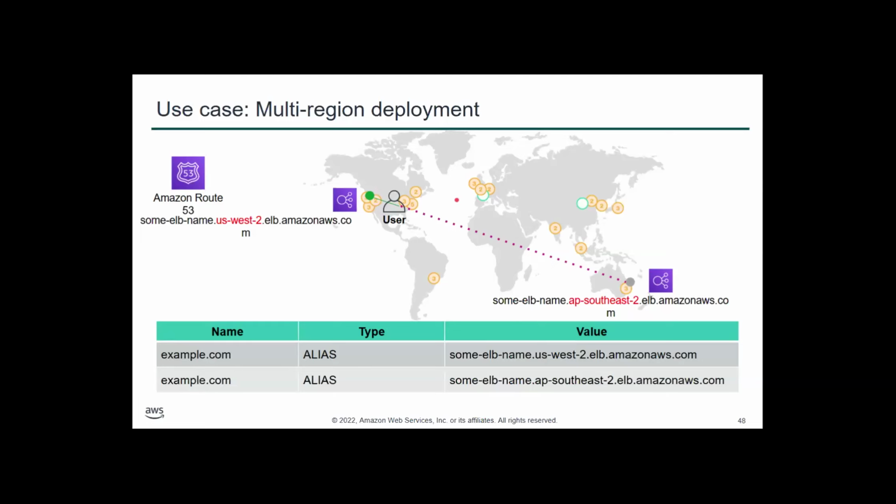Say China wanted to access Amazon. Then China will first come to Asia Pacific Southeast. And at the same time, if Vietnam wanted to access, then they will access nearby, which is like China, not exactly from, say, Australia.